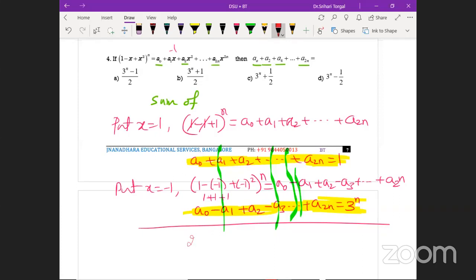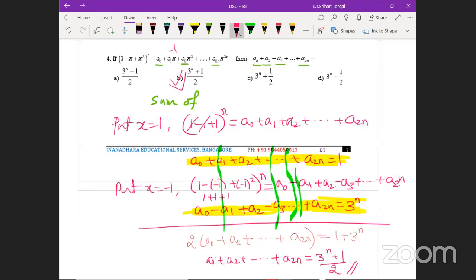That is 2 times A0, 2 times A2, etc., A2n, after taking 2 common in all the terms, which is equal to, I'm adding these two, therefore 1 plus 3 power n. And the answer is A0 plus A2 plus etc. plus A2n is equal to (3 power n plus 1) divided by 2.